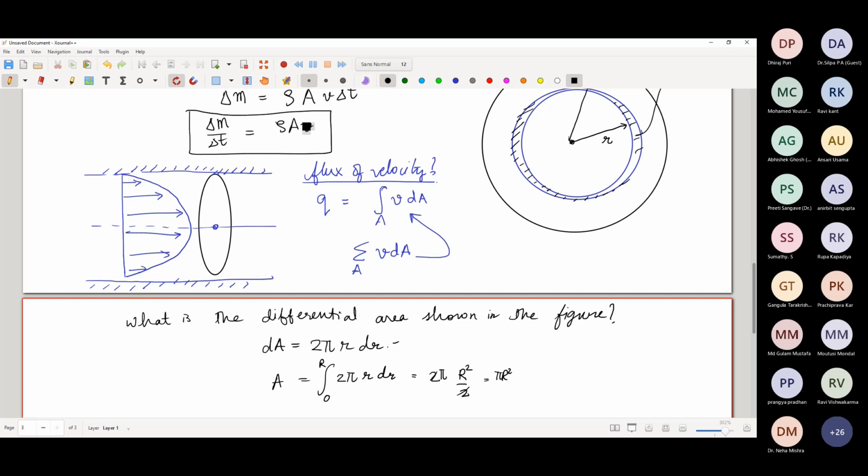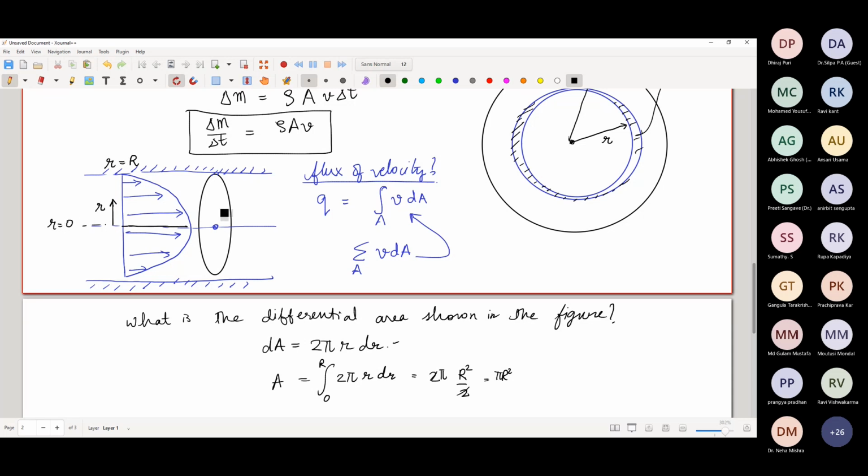All right. So now what we have over here is that the velocity is a function of the radius. This is r. This surface is r equal to capital R, and this center line is r equal to 0.